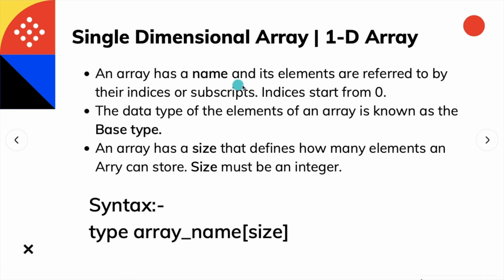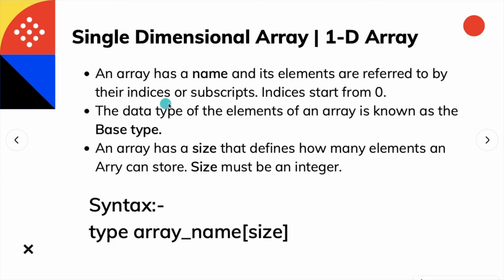Talking about a one-dimensional array, the simplest array you can have, an array has a name, and its elements are referred to by their indices or subscripts. Indices start from 0.